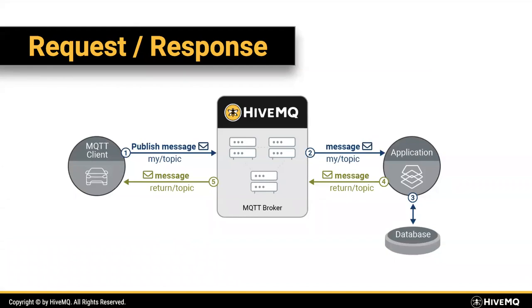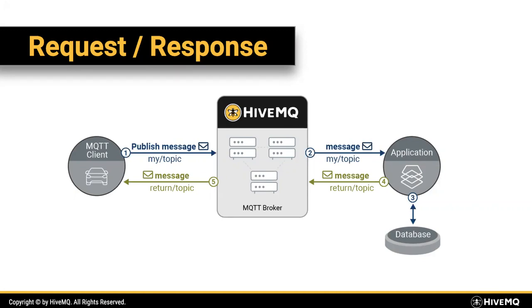You have an application which consumes messages, writes messages to a database, and as soon as the message is written to a database, an answer should be published back to the producing client that the message was persisted accordingly to the database or whatever. So basically what you see here in the picture is the following.